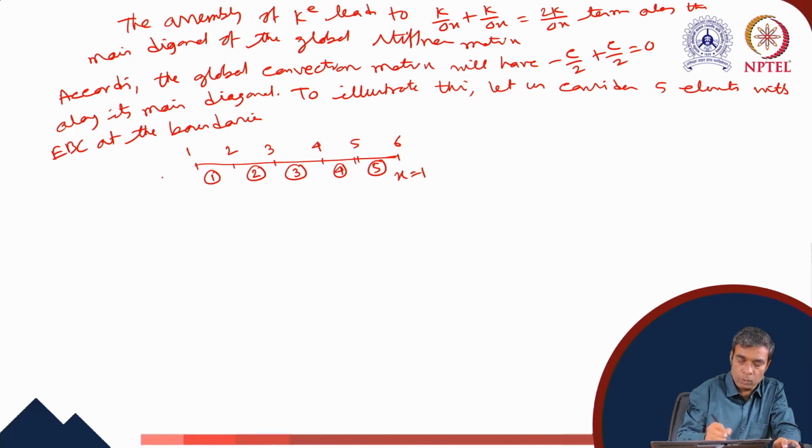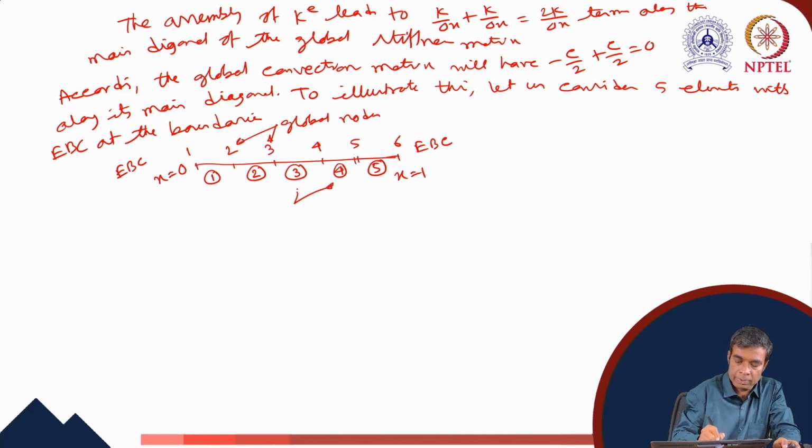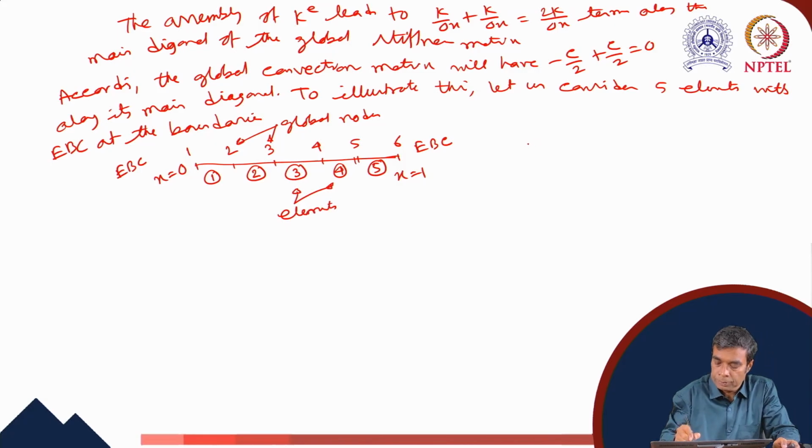This is x equals to 1. This is x equals to 0. So EBC at x equals to 0, and EBC also at x equals to 1. So these are our global nodes, and these are our elements. Now we generate the ID array.